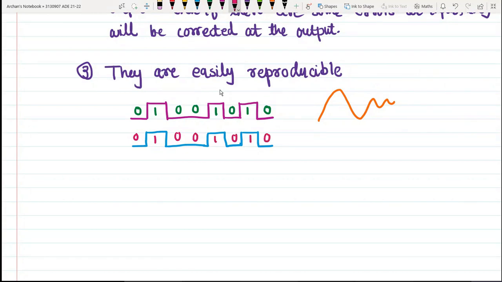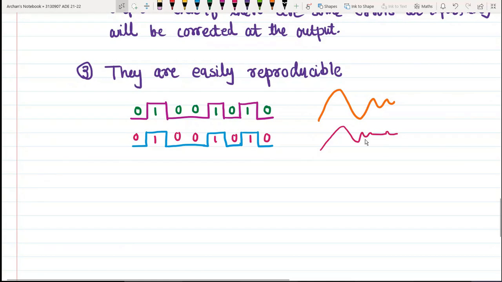So you can see the digital signals are exactly reproducible. But suppose I want to reproduce this analog signal, then it is not possible for me to exactly generate this signal again. There will be some change in this signal like this. So if you compare these two signals, these are not the copy of the previous signal.